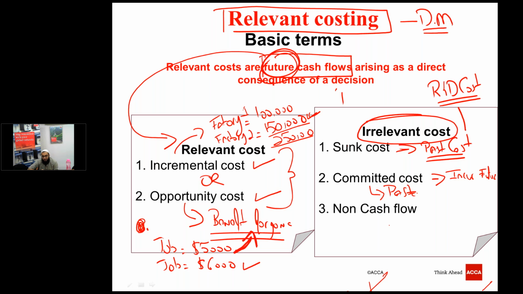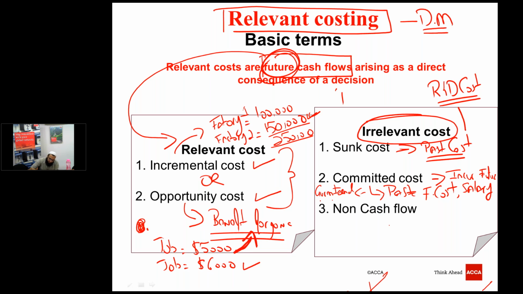So this is irrelevant. Like fixed cost is a committed cost. In any case, you have to pay. For example, labor salaries are committed costs. In any case, you have to pay. For example, guaranteed minimum wage.